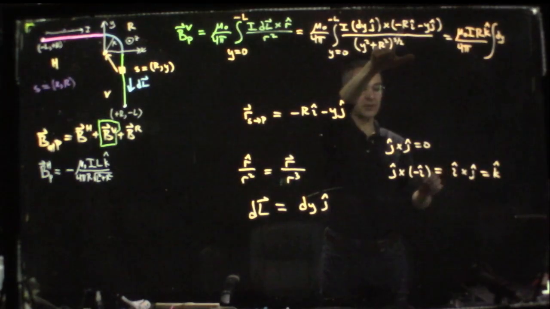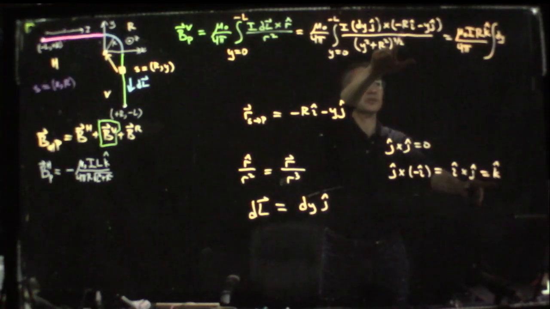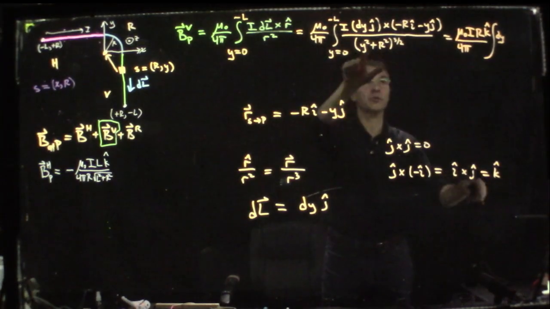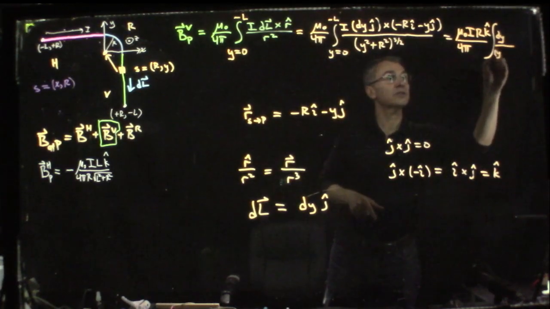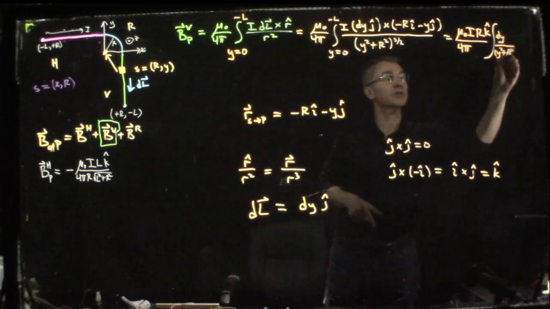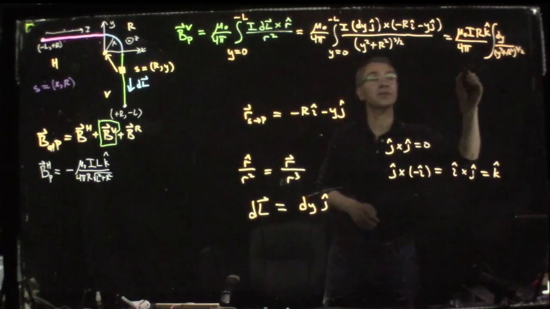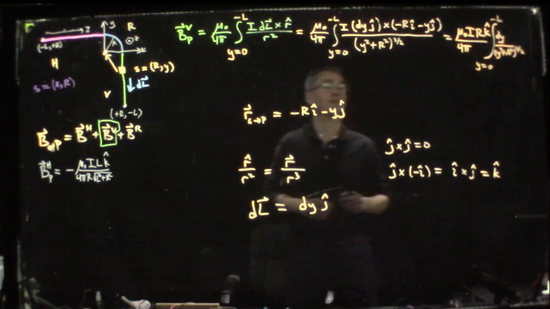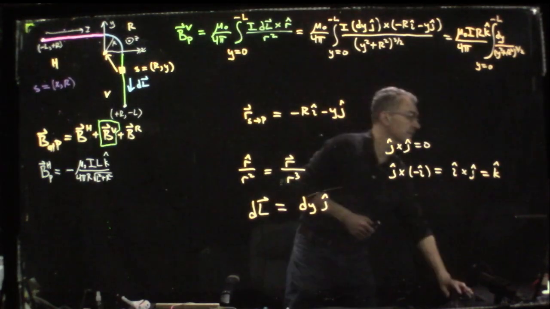The minus sign went away because we had j hat cross minus i hat is plus k hat. We took the r out. We took the I out. I think that's all we have in the numerator. And then we have y squared plus r squared to the 3/2 power. And this is integrating from y equals 0 to minus L.